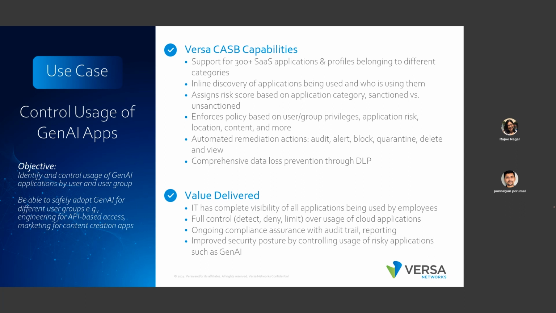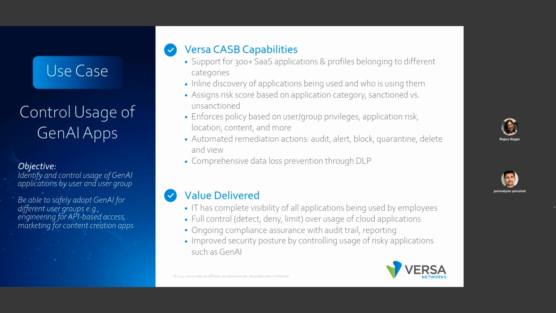And from there, it will enforce access policies that are based on the user or user group profiles that you define, and will take into account, of course, additional contextual parameters at the time of access, such as, for instance, the location, the application risk, the content, and other parameters.